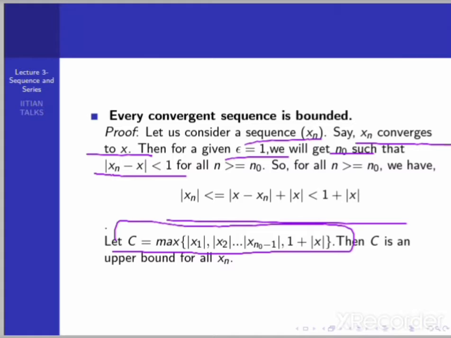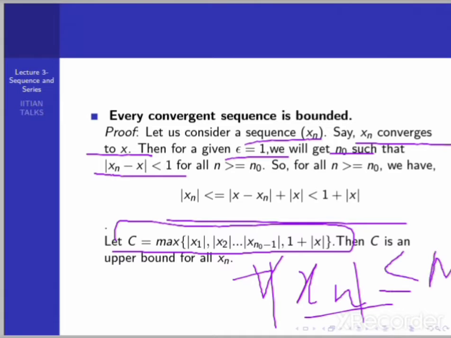For n greater than or equal to n naught, we know this is greater than |xn|. So we need to take the maximum of the preceding terms also. It ultimately says that for every xn you are able to get |xn| less than or equal to M.